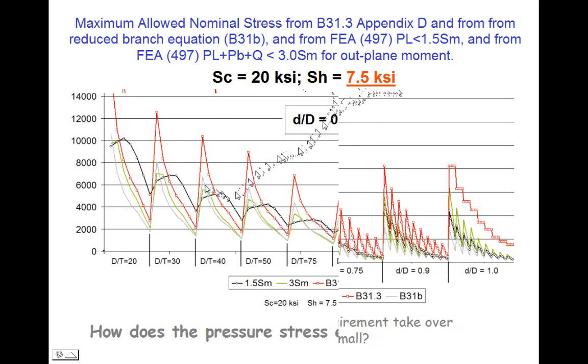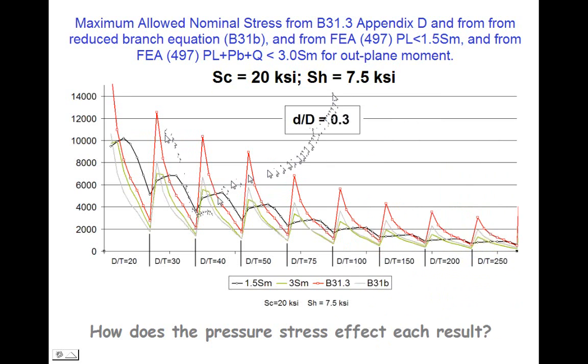Taking a closer look at d over D of 0.3 like we did before, we can see that the 1.5 SM requirements did drop down, but they still don't quite govern. They govern in some cases, in fact in some cases where piping is involved. But the 3 SM requirement is in almost all cases still controlling.